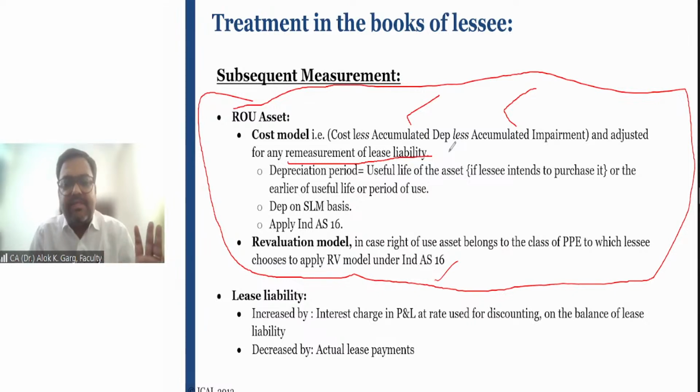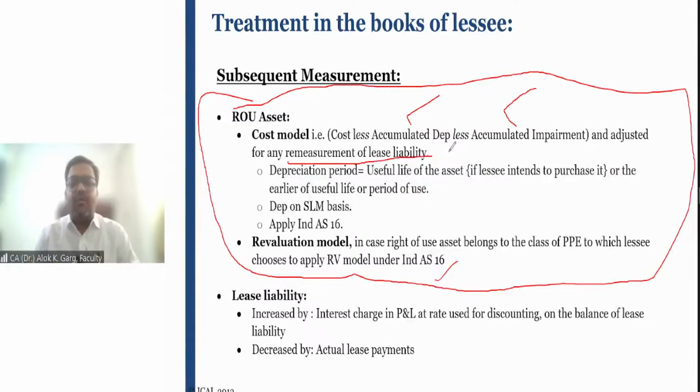I was doing my business and my business was great. So I have created a right of use asset of 3 lakh rupees, and I am charging depreciation of 60,000 every year for my right of use asset. In the first year, I have charged 60,000 rupees of depreciation. In the second year, I have charged 60,000 rupees of depreciation.